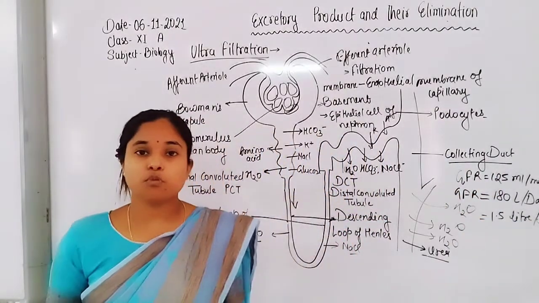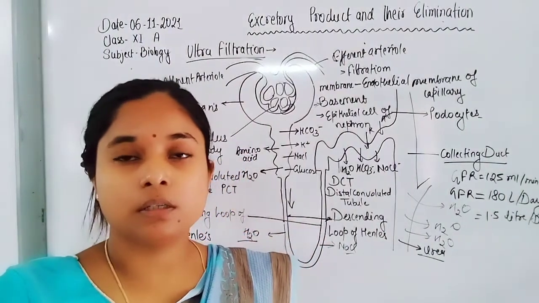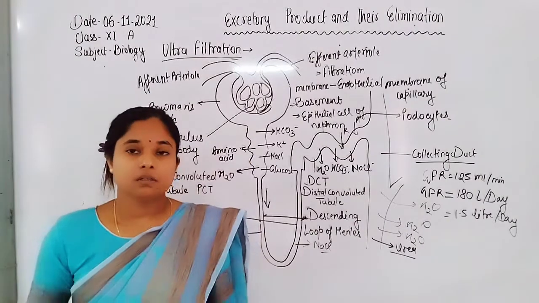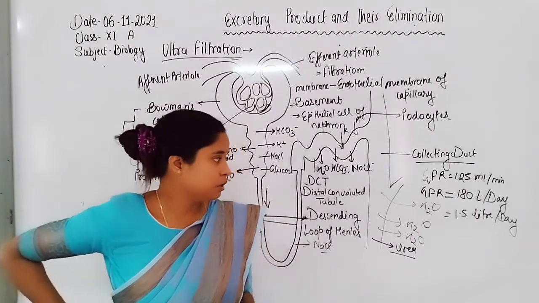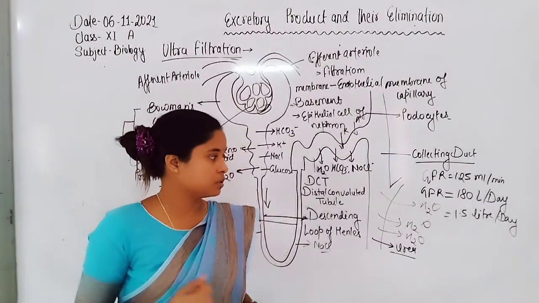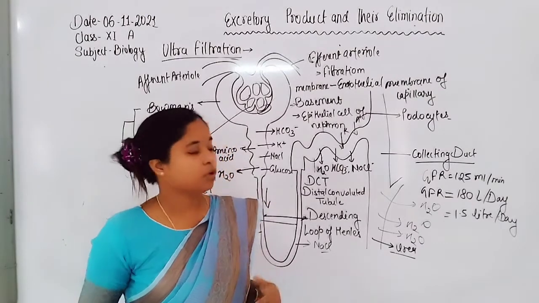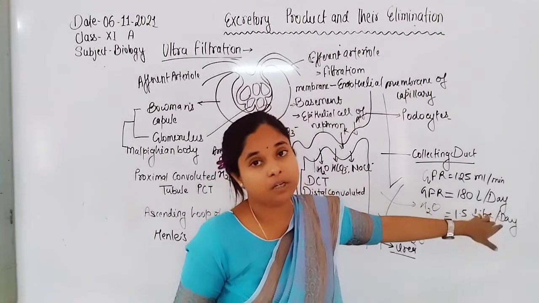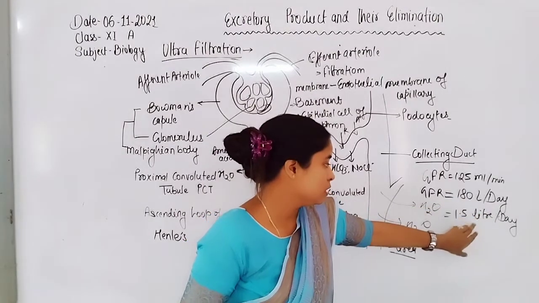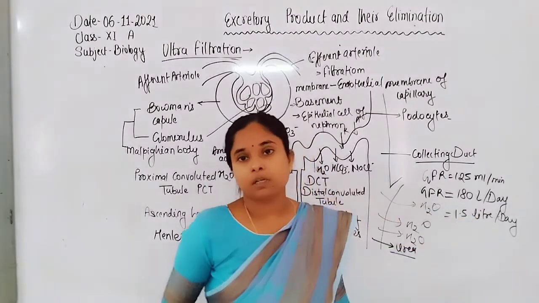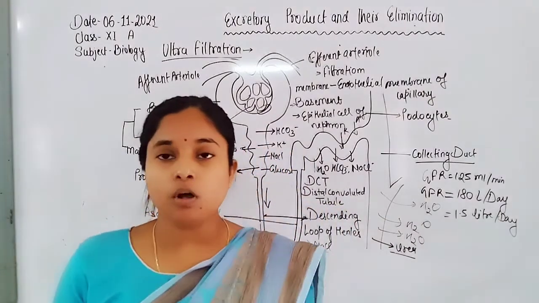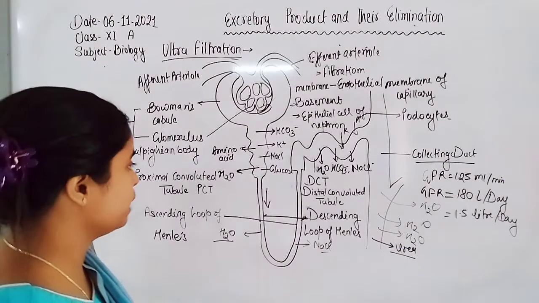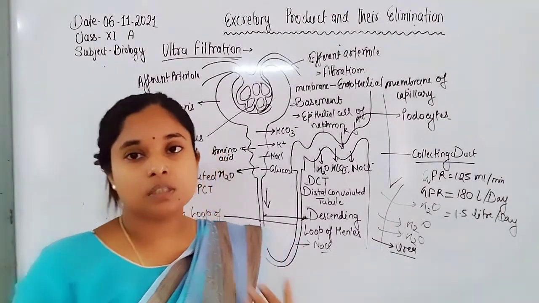So a minimum quantity of urine is formed in such a process, because the filtration is nearly 180 liters per day, but the urine formation is about 1.5 liters per day. So all the water, glucose, and sodium chloride are reabsorbed during this process.